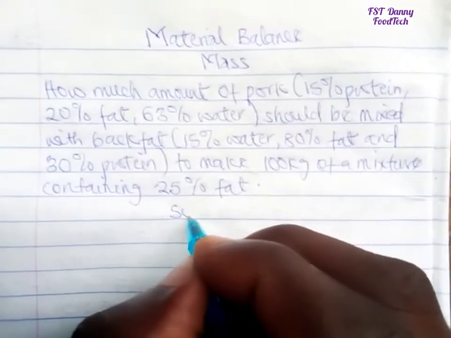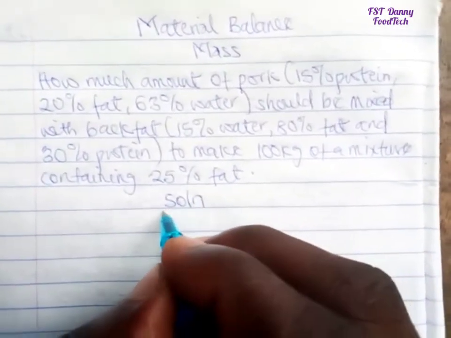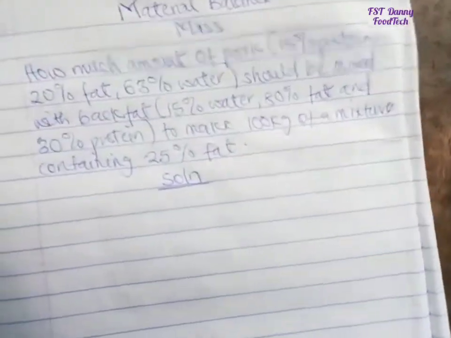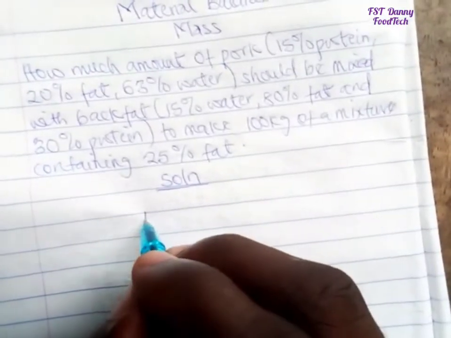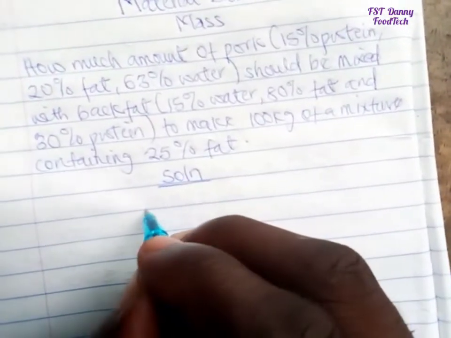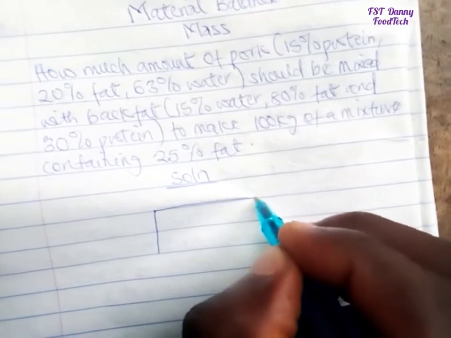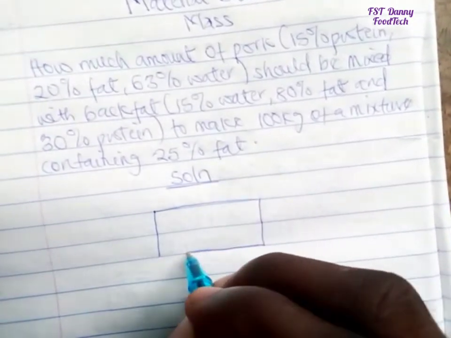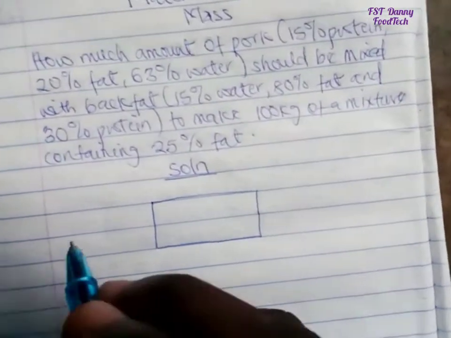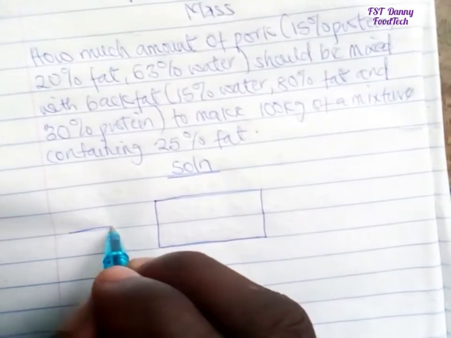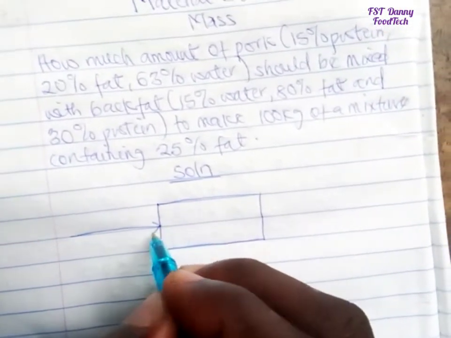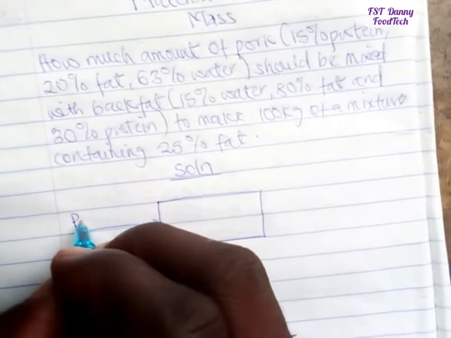Let's say solution. Now we have the two items. Now the first one, the question says he had pork.